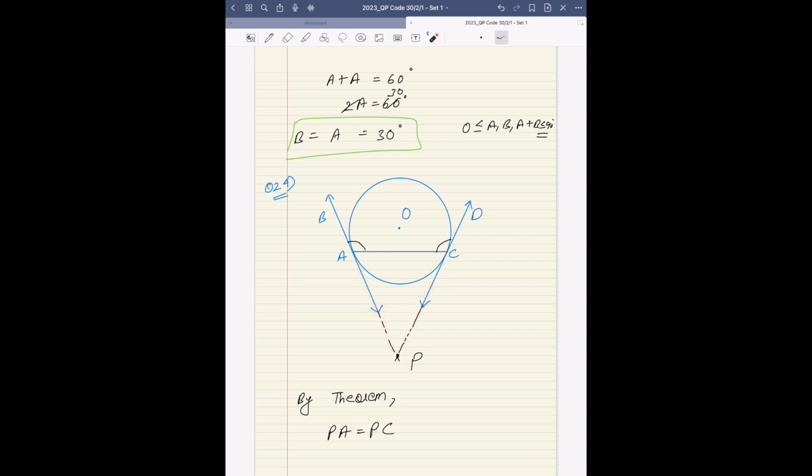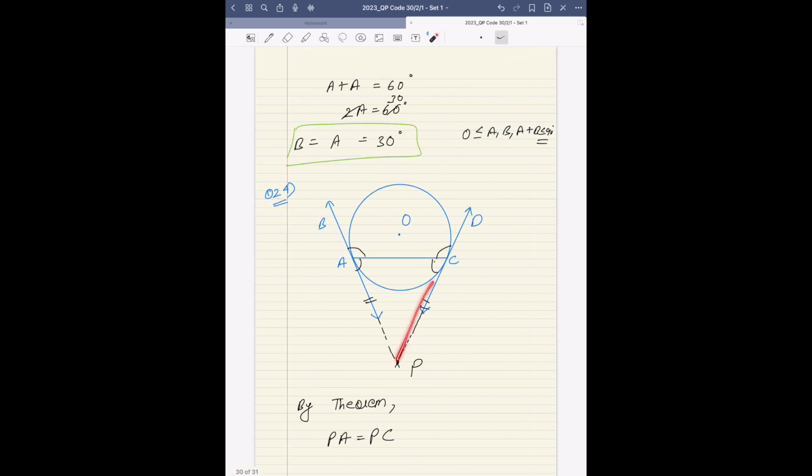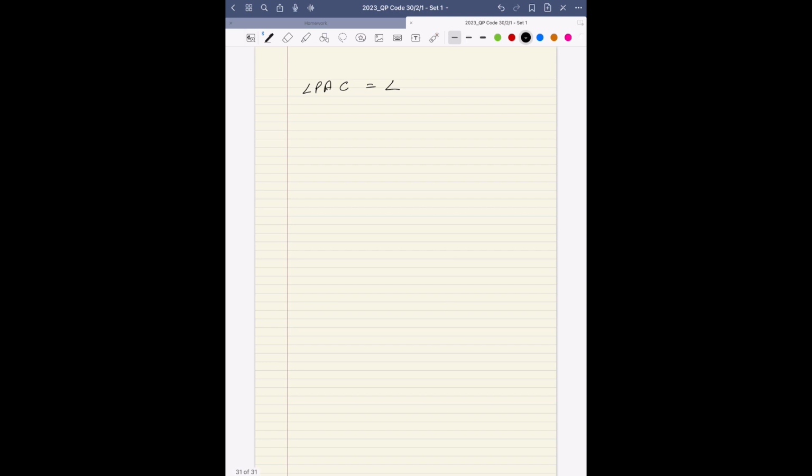If this is equal, then what is this triangle? This triangle is nothing but an isosceles triangle, meaning this angle and this angle are equal. So you will write angle PAC is equal to angle PCA. Why?